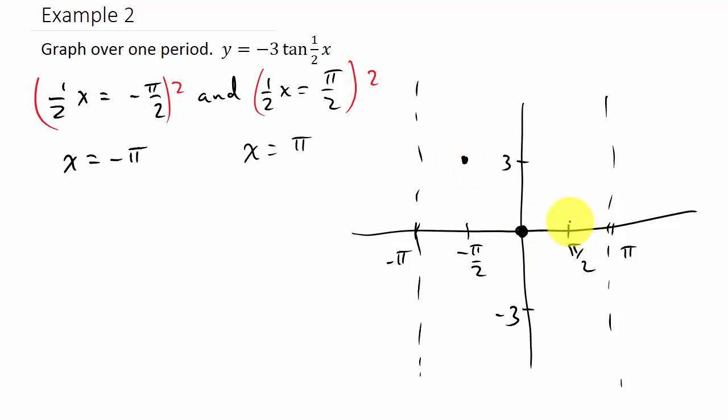And then remember on the next one, normally it would start up here at positive, but since there's a negative in front, it comes down here to negative. And so this graph, well, I didn't draw it very good, but see if I can do that again. So something like that. And so there's the graph.